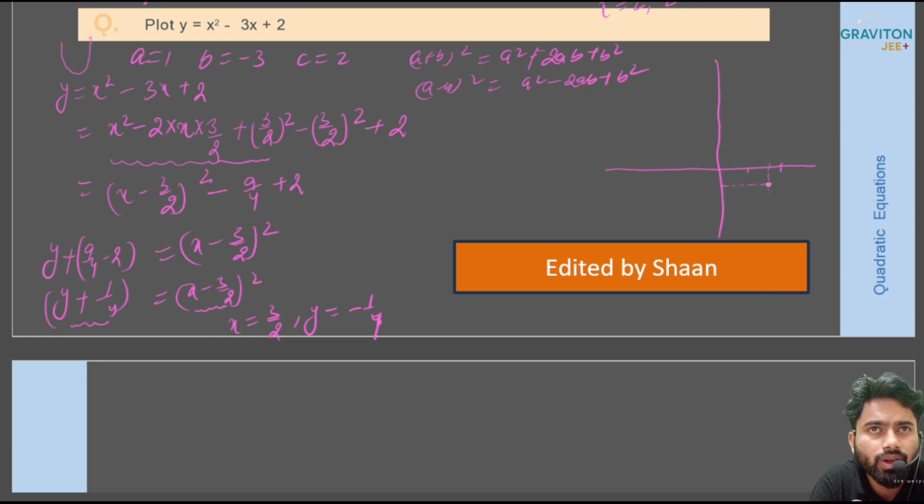So your vertex of the parabola is lying here. Roughly, if you draw it, your parabola is facing upward, something like this. Okay, so here is the vertex, 3 by 2 comma minus 1 by 4.